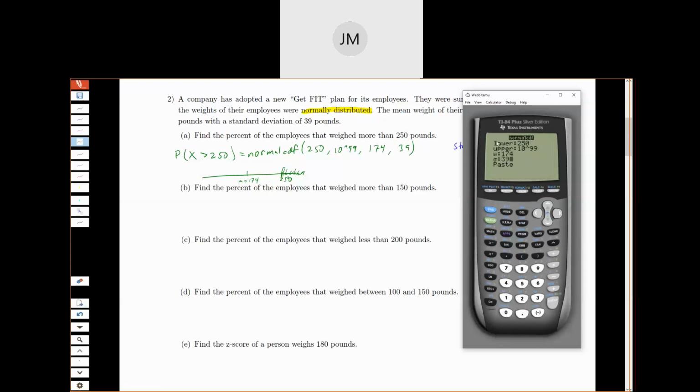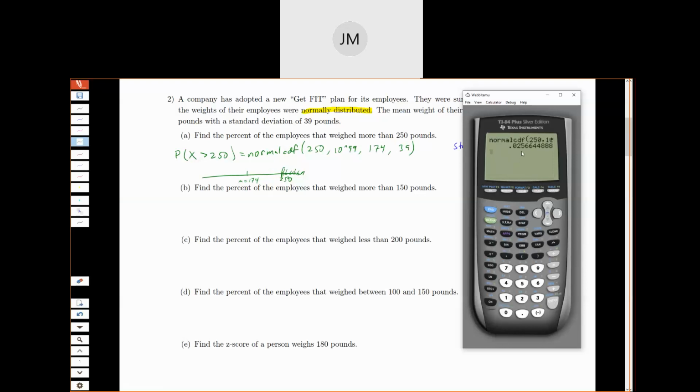Most of your calculators will prompt you: lower, upper, mean, standard deviation. The way I wrote it is what it pastes on the screen: normal CDF, lower, comma, upper, comma, mean, comma, standard deviation. If you have a TI-83, that's how you have to type it in on your screen. You bring up that normal CDF, and then you type in the numbers separated by commas.